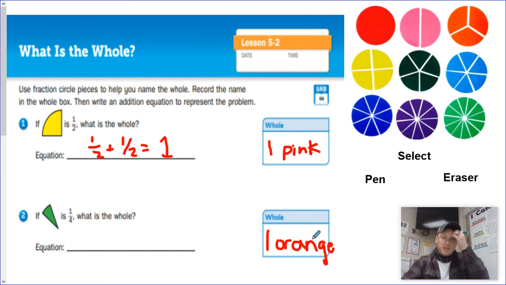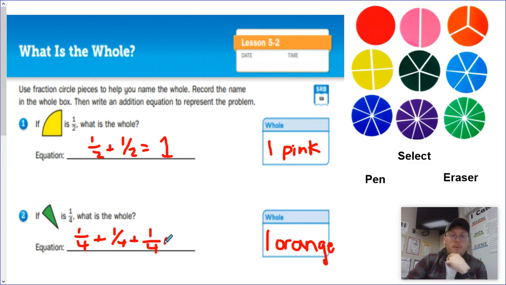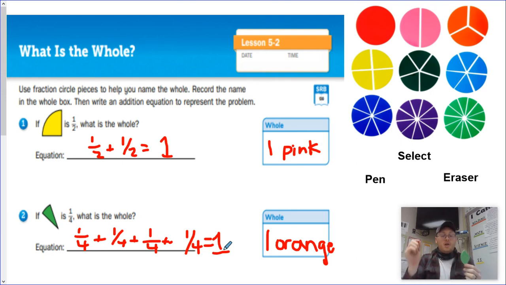So my equation would be, starting with 1/4, 1/4 plus 1/4 plus 1/4 plus 1/4 equals 1 whole. Because I have 1/4, 1/4, 1/4, 1/4 equals the whole if this is my whole.